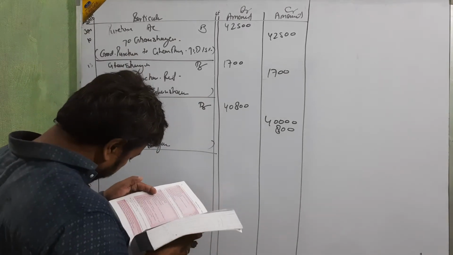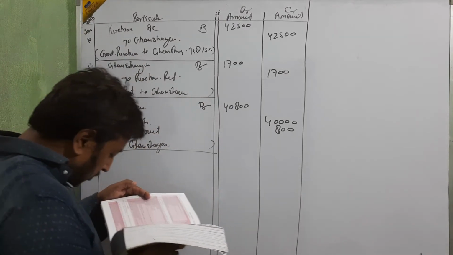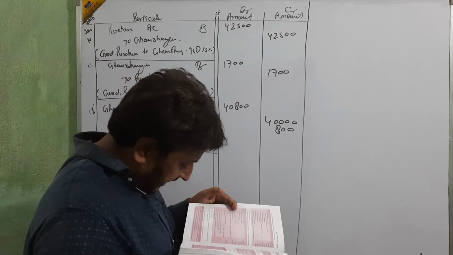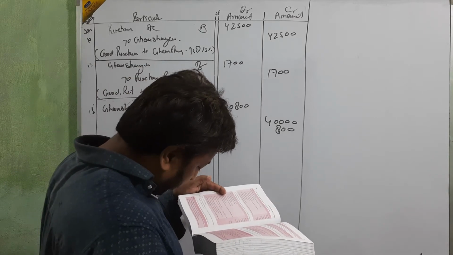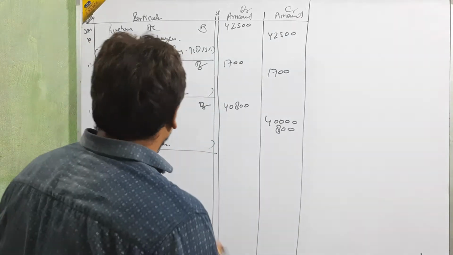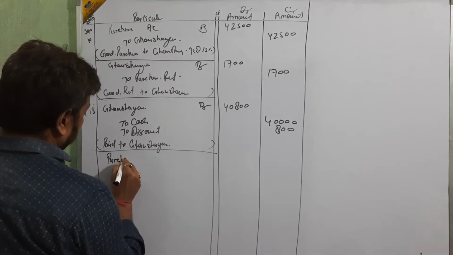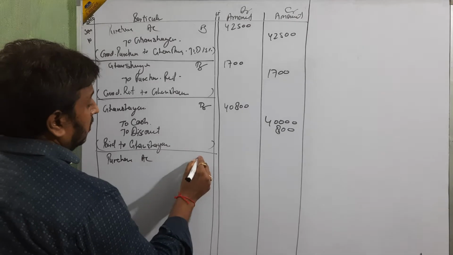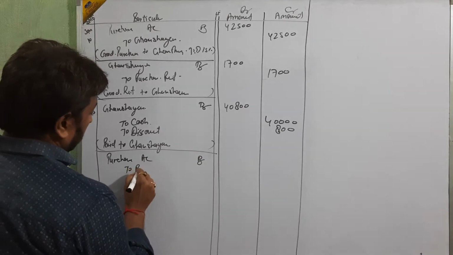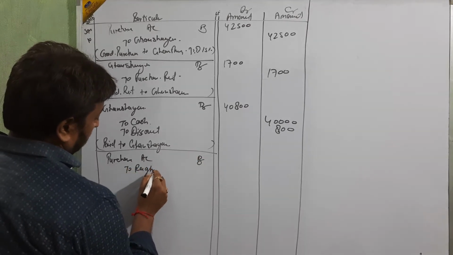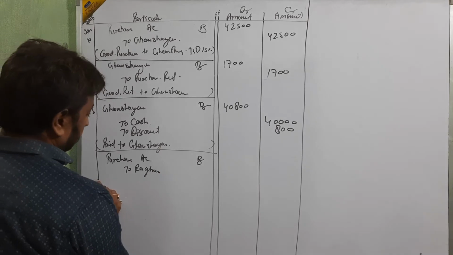After this, next is purchase goods from Raghu at the list price of 60,000 at 10% trade discount. Same way, only the name is changed. Purchase account debit to Raghu.